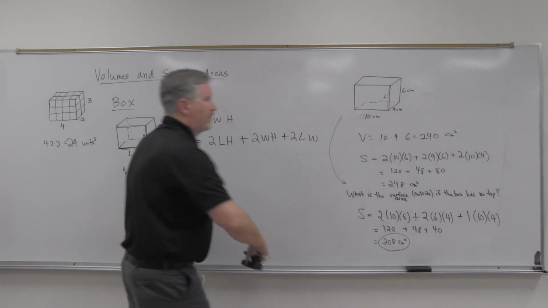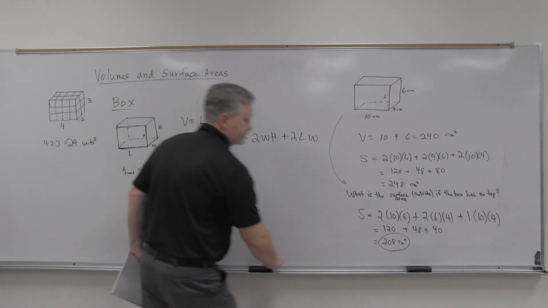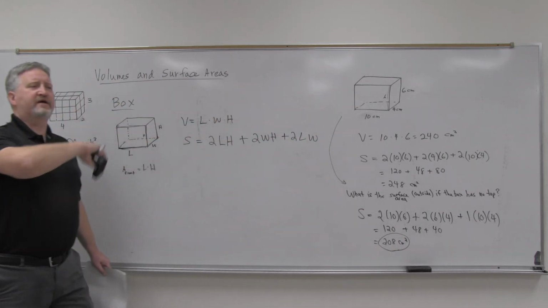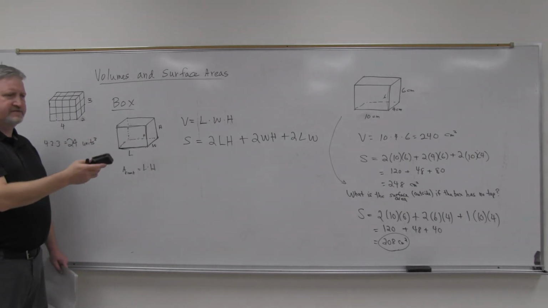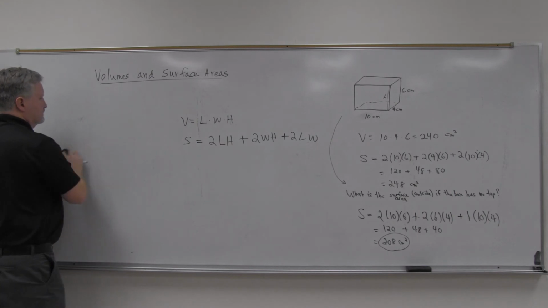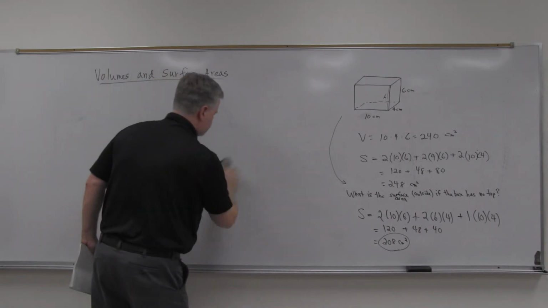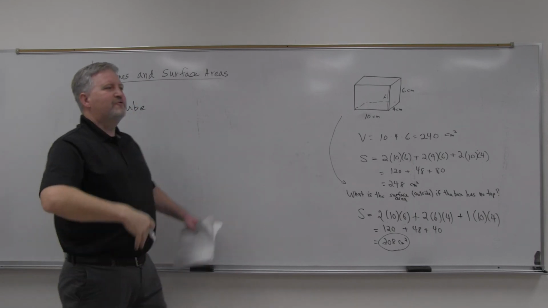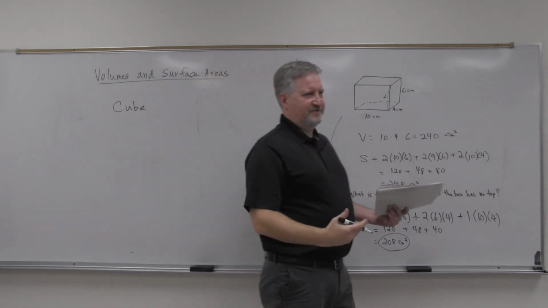Now, a real easy one that comes out of this one is, of course, if I have a cube, so the cube is the three-dimensional equivalent to the square, right?